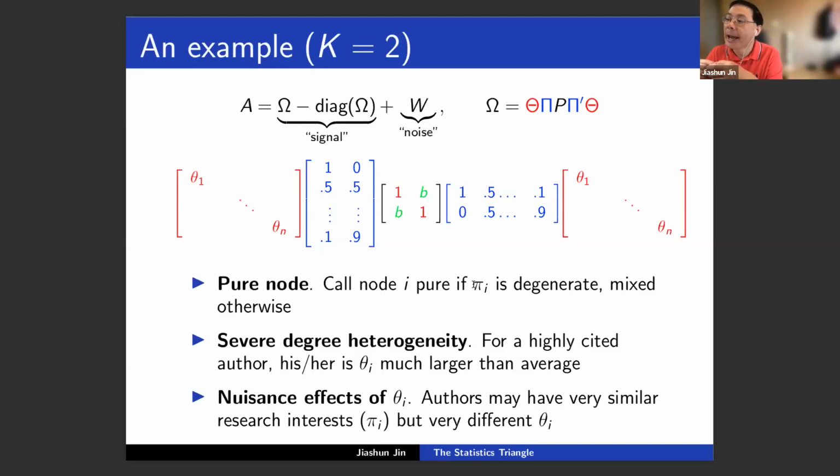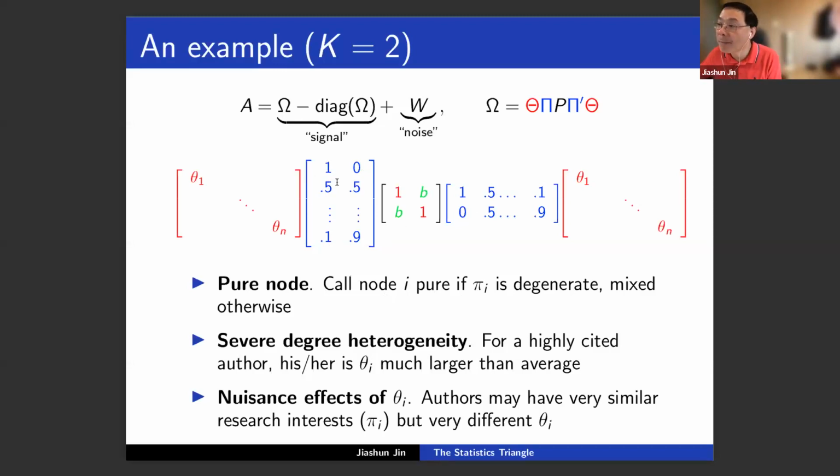A senior professor is very likely to have citations from different research areas, so they are more mixed. For example, if your pi i is 1, 0, you are pure, and 0, 1 is also pure. Otherwise, 0.5, 0.5 or 0.1, 0.9 are all mixed.